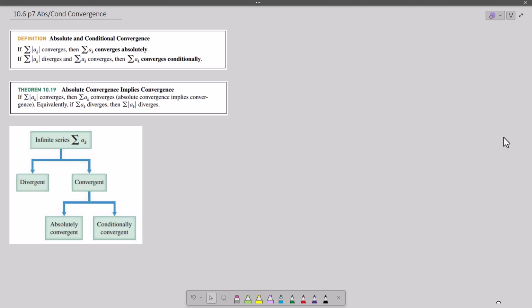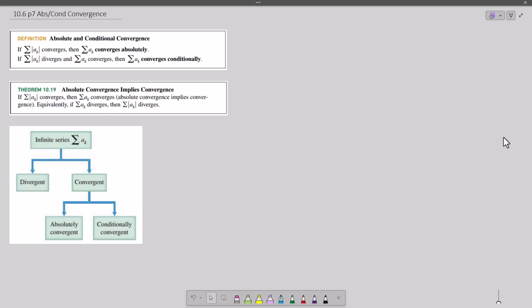So we have a slightly new concept between types of convergence. Up until we got to alternating series, we have been dealing with series of positive numbers. Okay? And a series either converged or diverged. Now, if you have an alternating series, some of the terms are positive, some of the terms are negative.